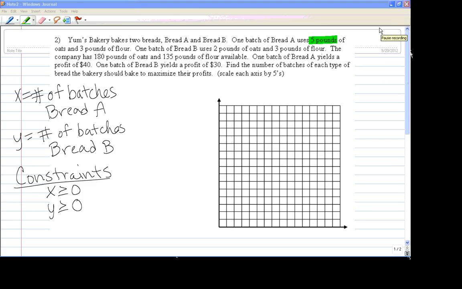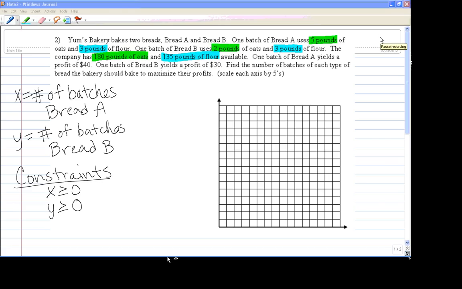And one batch of bread B uses 2 pounds of oats. And we have a total of 180 pounds of oats available. We also know bread A uses 3 pounds of flour. Bread B uses 3 pounds of flour as well. And that we have a total of 135 pounds of flour available.